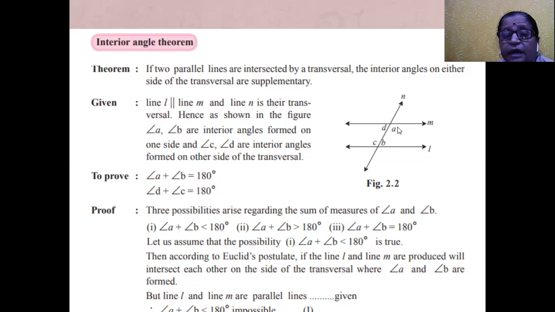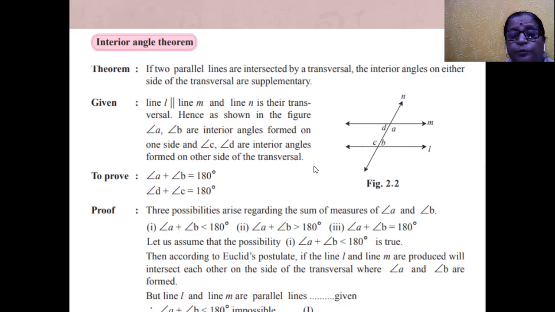Angle A and B, angle D and C. What is given here: line L is parallel to line M, and N is a transversal, so angles B and A are interior angles formed on one side, and angles D and C are the interior angles formed on the other side of this transversal.